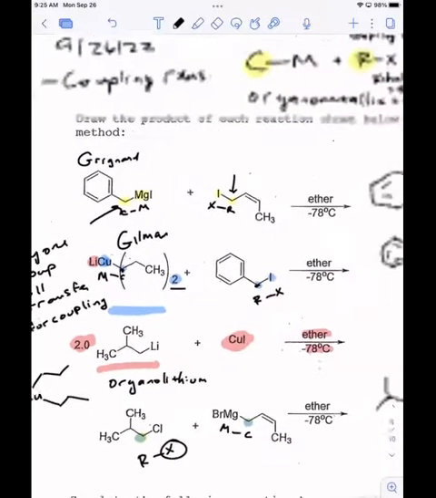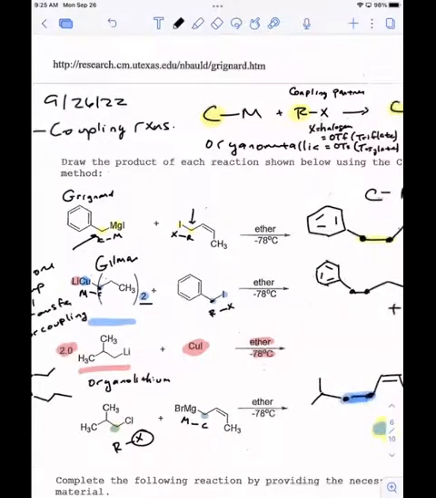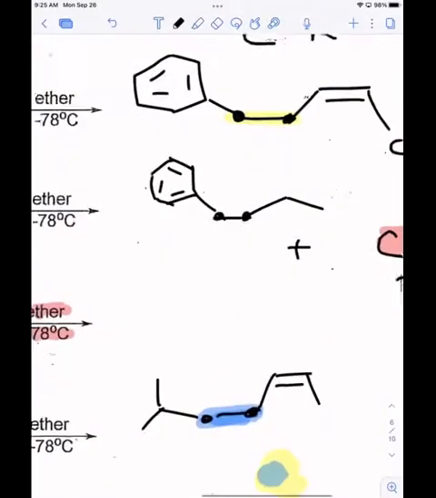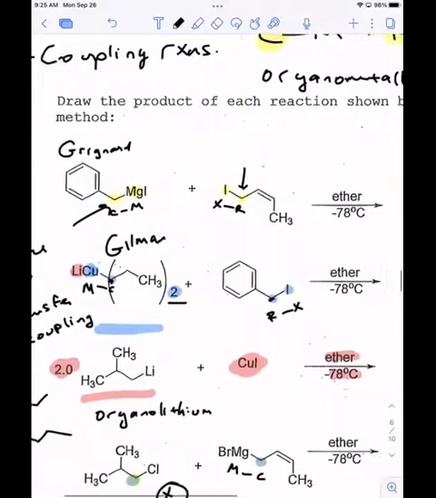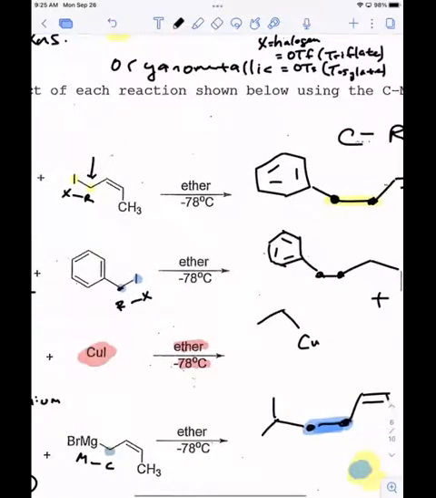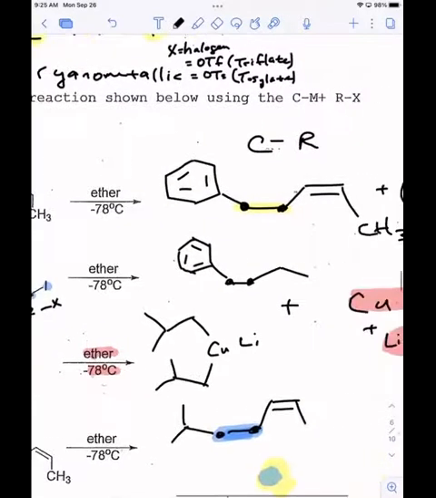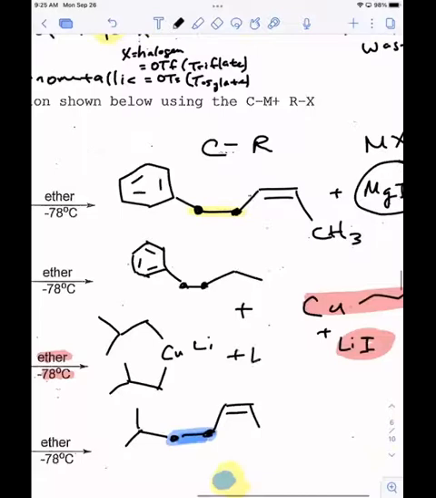Is that the cuprate that we saw in the notes last time? Yes, it is. So that's how you make them, right? That's the synthesis of a cuprate. So it's going to end up being copper, what is that, plus lithium iodide.